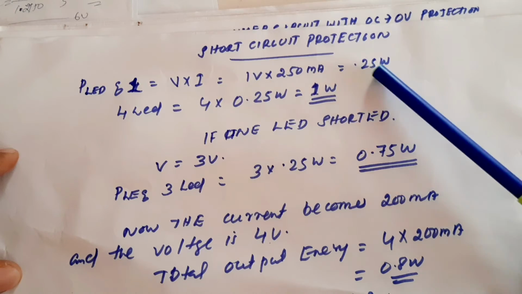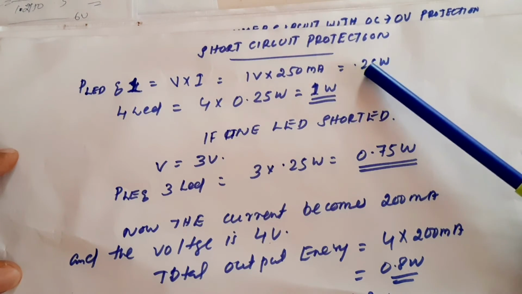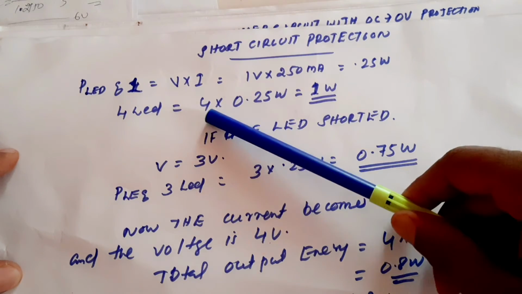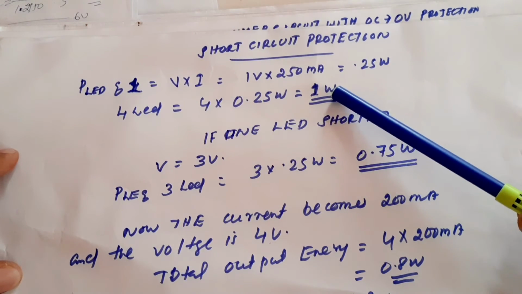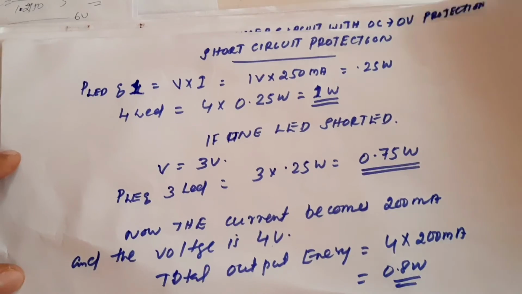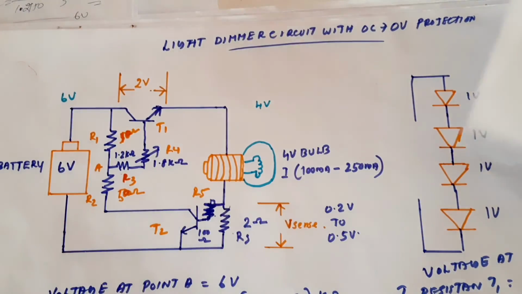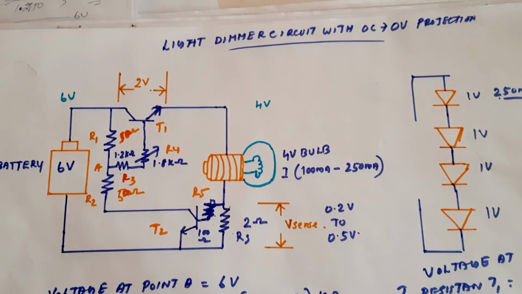So the power is 0.25 watts each, and with 4 LEDs the total output is 0.25 into 4, 1 watt.